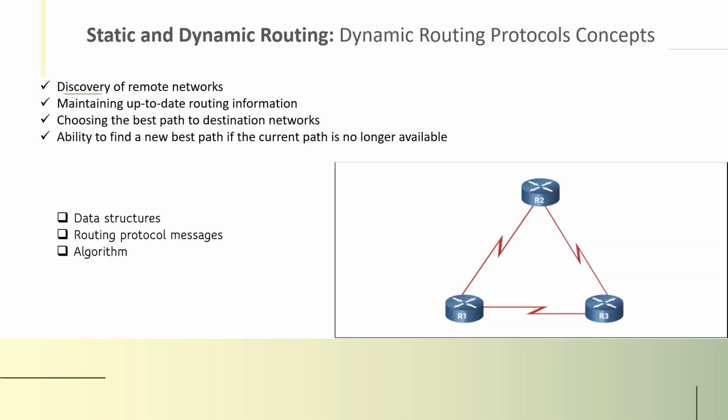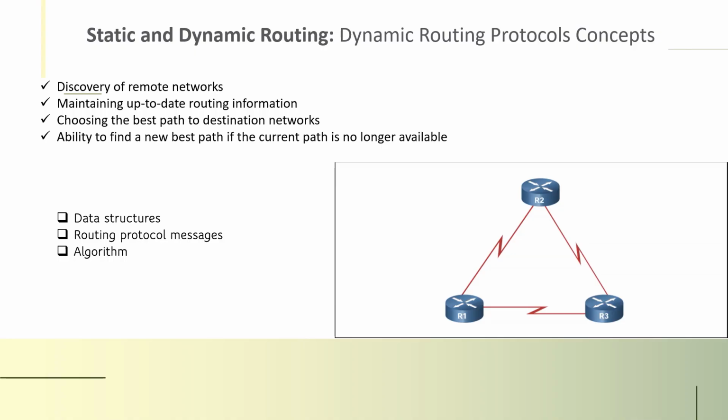And the main components of a dynamic routing protocol will include the data structure, where a routing protocol typically uses a table or database for its operation, and this information is kept in random access memory.